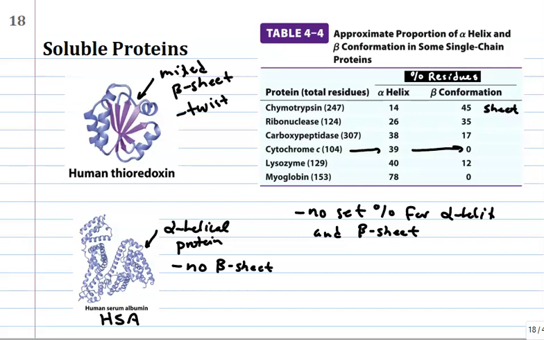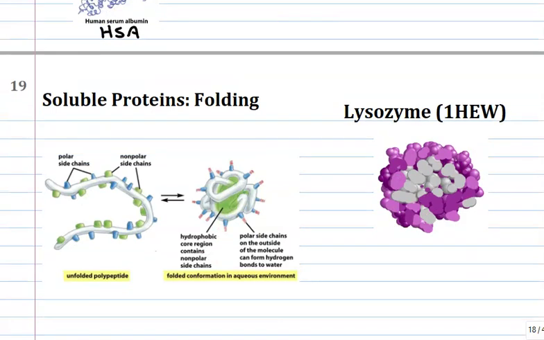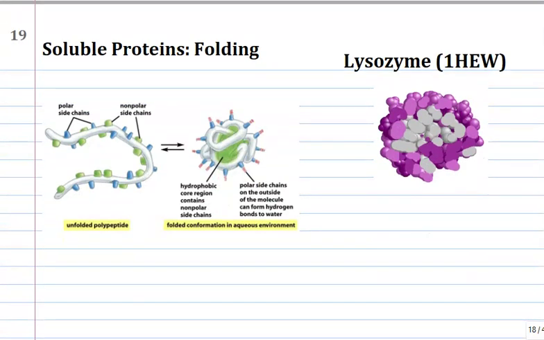All right. Well, as we move forward with soluble proteins, this is a very qualitative description of how these proteins fold. We're going to get more quantitative after we talk about fibrous proteins. But let's just take this image. This is a very good image or graphic of an unfolded polypeptide or protein.